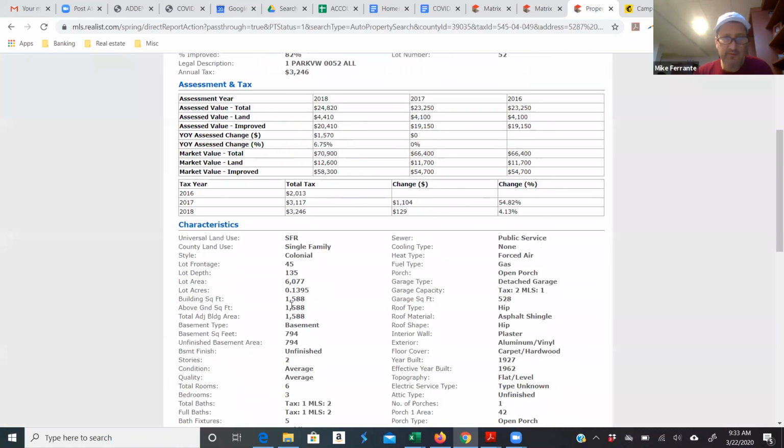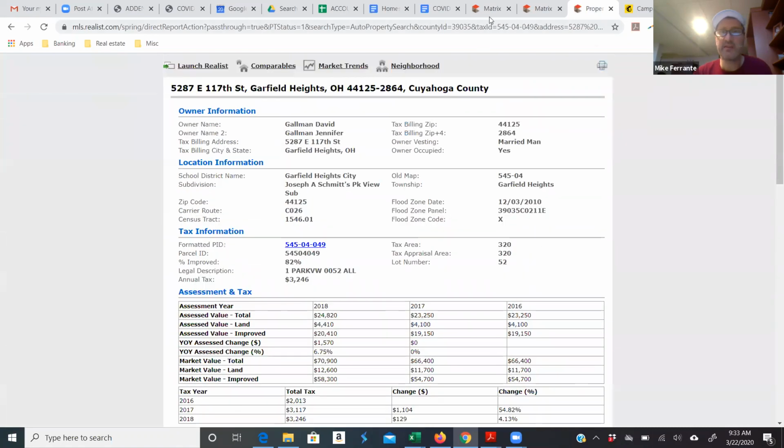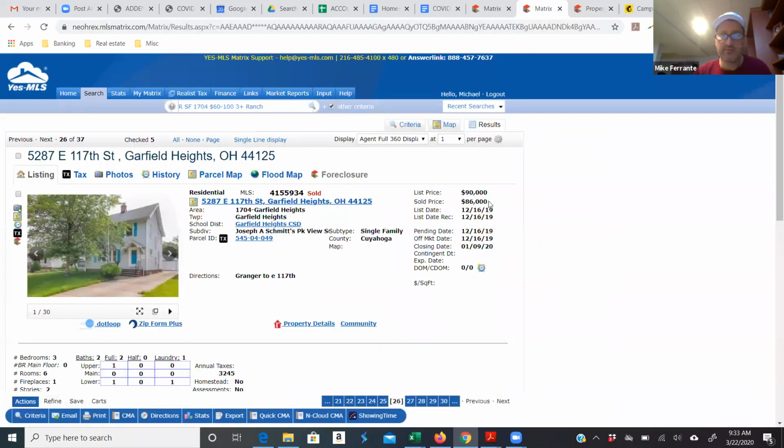So this one is bigger, 1,588, and it sold for 86,000. So let's divide 86,000 by 1,588: 54 a foot. That's that same range. This is owner occupant, just cleaned up, like our house.